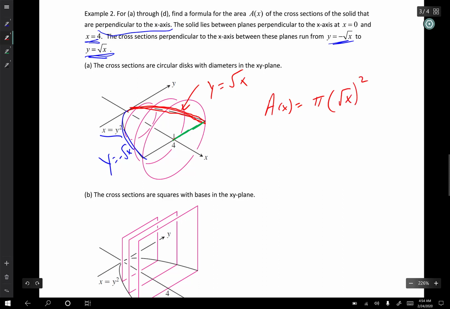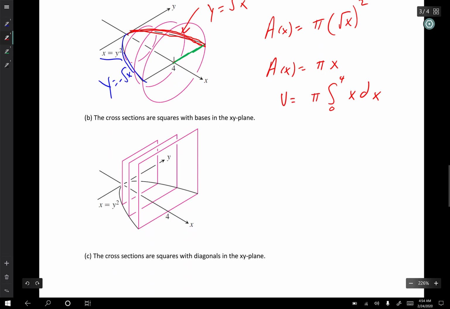There it is, pi r squared. So my cross section comes out to be just pi x, because the square root of x squared is just x. If I wanted to find the volume, they're not asking for it, but I would just go pi times the integral from 0 to 4 of x dx. And of course, this is one that you don't need a calculator for. You can do that one by hand.